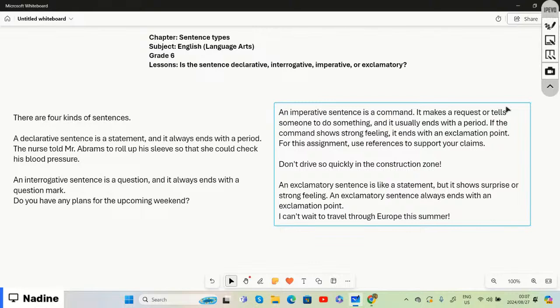Of course, when you talk, you're not going to say, okay, I'm talking in an exclamatory manner. We don't say things like that. But the way we put emphasis on things, the way we speak in a calming manner, the way we mention things or say things, you will be able to tell, okay, is this declarative? Is this imperative? And so on.